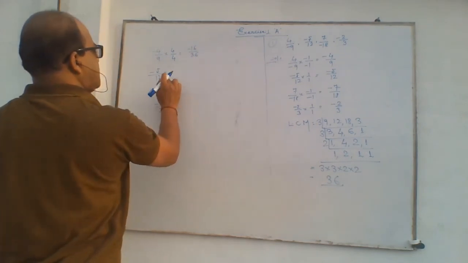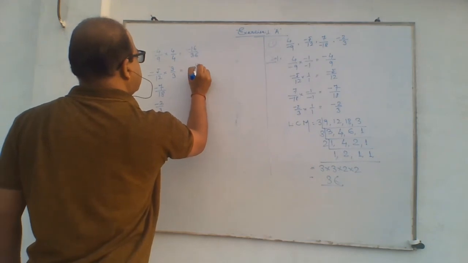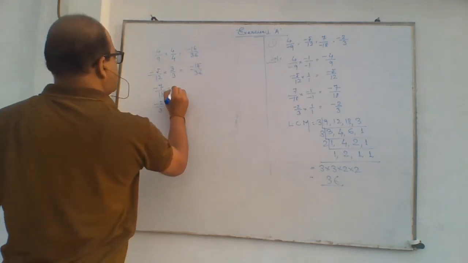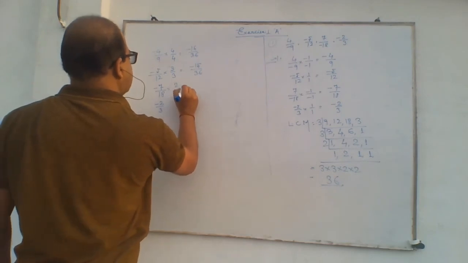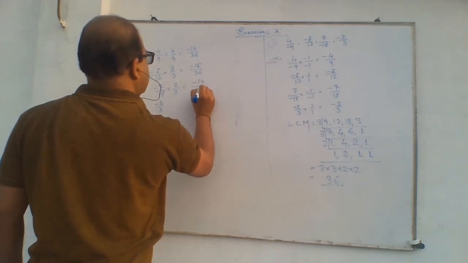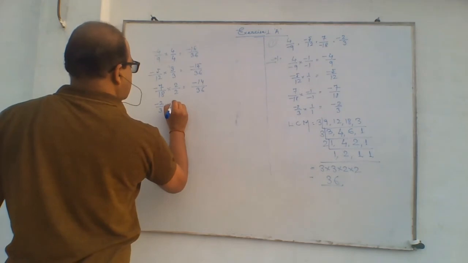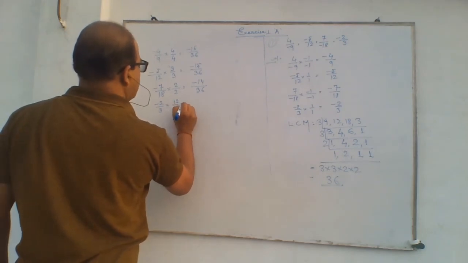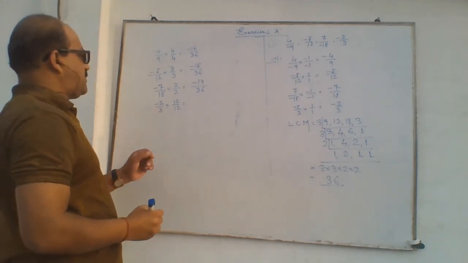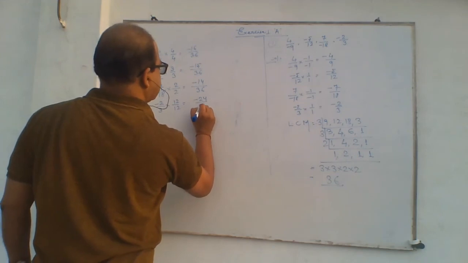Here 12 is required to be multiplied by 3, so we obtain minus 15 by 36. Again 18 2s are 36, so it is required to multiply by 2, giving minus 14 by 36. And 3 is required to be multiplied by 12, both numerator and denominator, so minus 24 by 36.